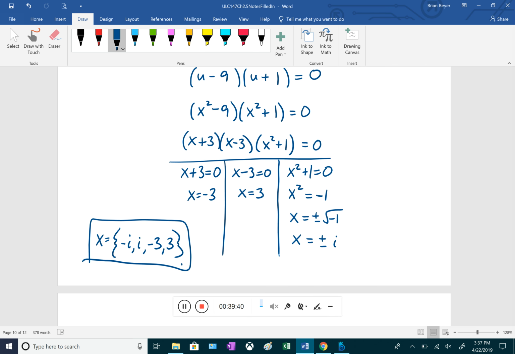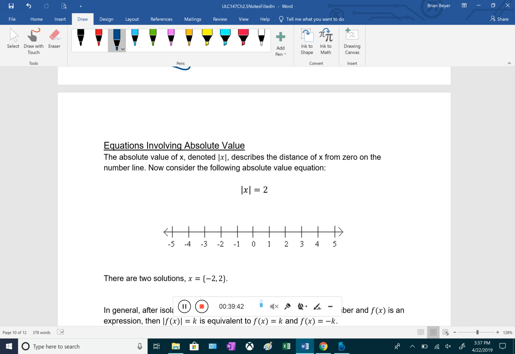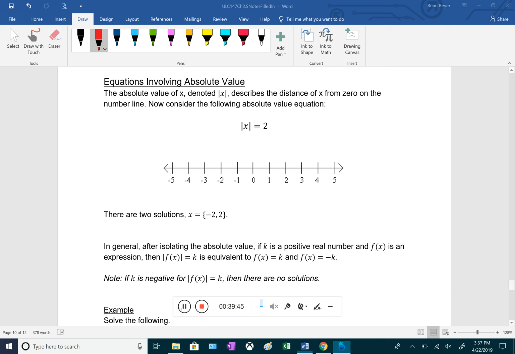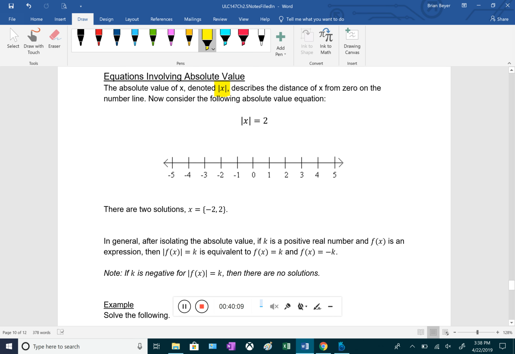Okay, so for the last thing now, we have equations involving absolute value. The absolute value of x, denoted with the vertical lines, represents the distance of x from 0 on the number line. So let's say we have this pretty basic equation, the absolute value of x equals 2, and we're just trying to solve that for x.